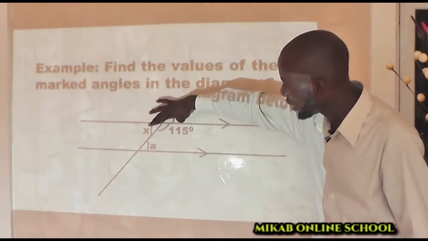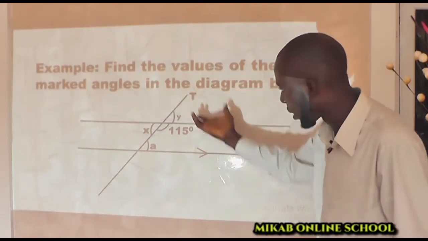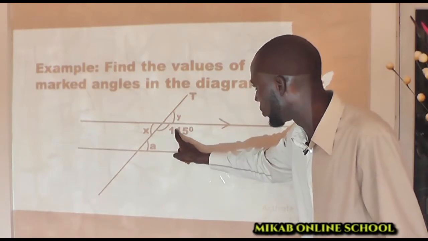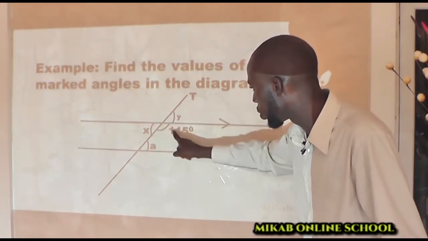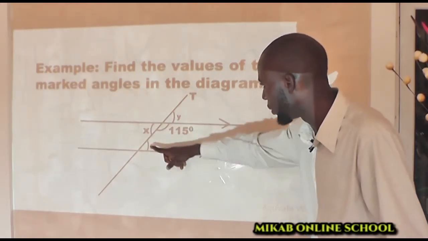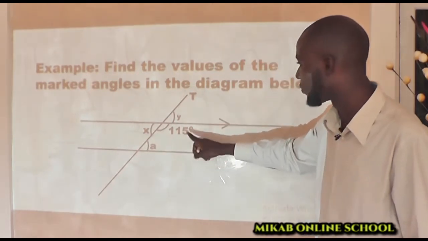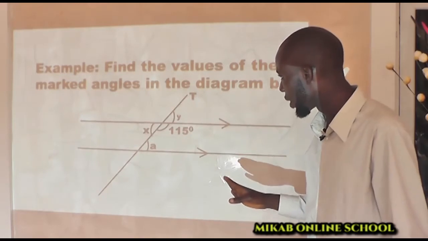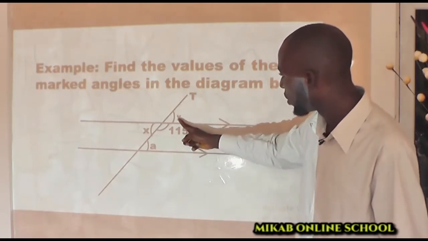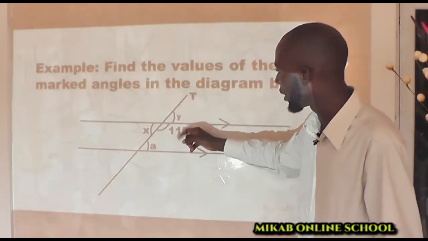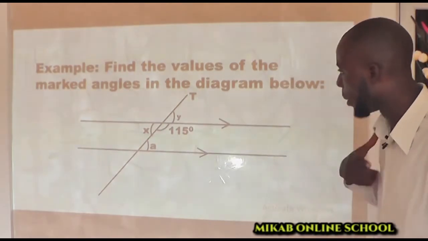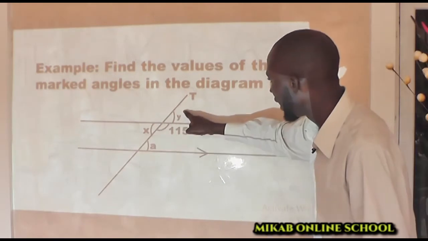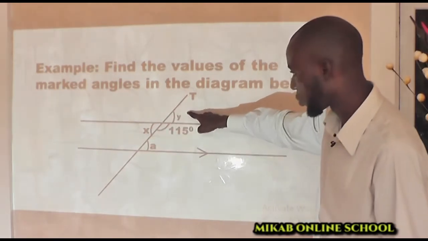If you turn this one the other way around, you have the summation of these two, which is x and 115 degrees, to be 180 degrees. And if you look at angle x and y, from the previous name of angle, we said the two of them are vertically opposite angles.